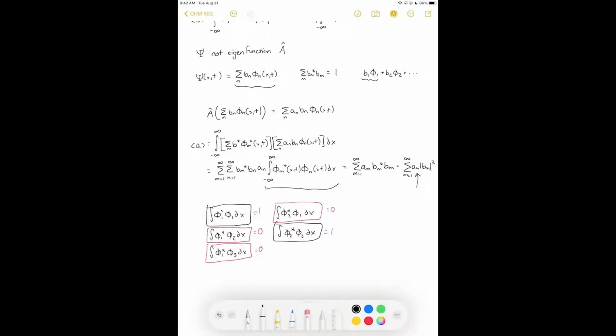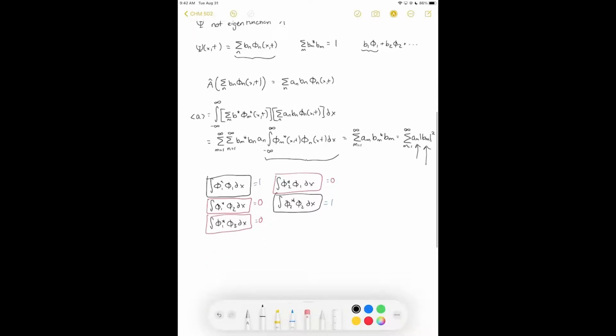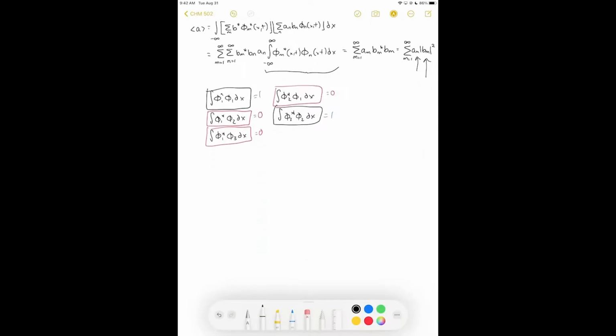It's impossible for us to measure any value when we operate with operator A that is not an eigenvalue of operator A. Now, how likely are we to measure each one? That is determined by this b_m constant. The square of the magnitude of our constant b_m determines how likely it is for us to measure each value.